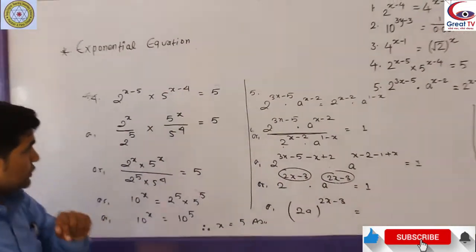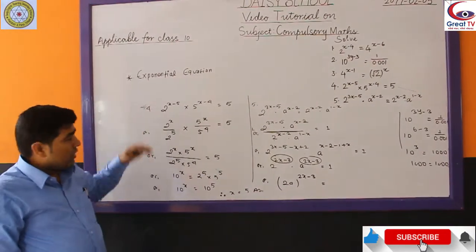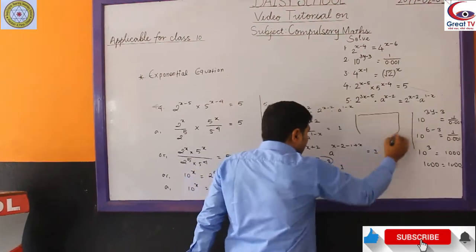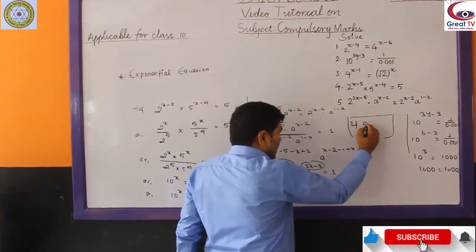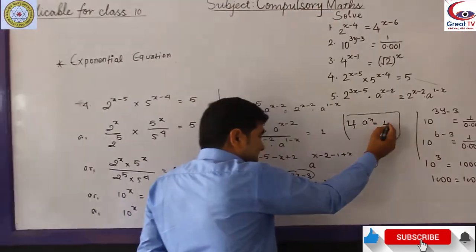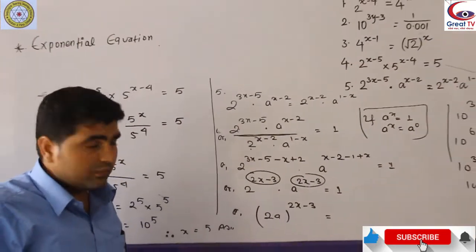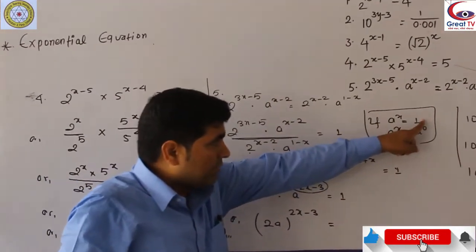I already taught you the axiom of the exponential equation: if a^x equals 1, then we can write a^x equals a^0, because a^0 gives the value 1.